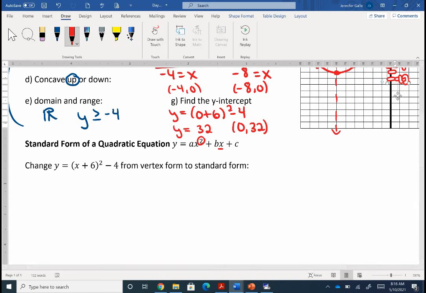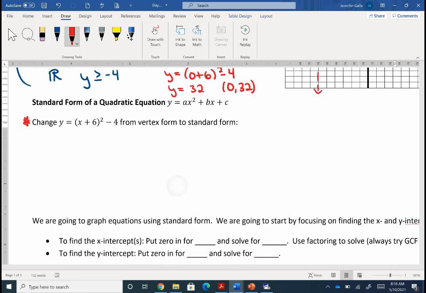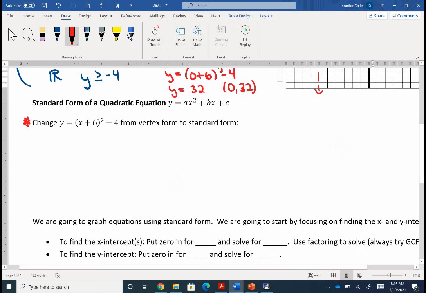power. So let's just take a minute and change the equation we just did from vertex form to standard form. I want you to make that connection so you see that when we go to graph, we're not doing something totally new, okay? All right, so to tackle this, we have to do some order of operations.